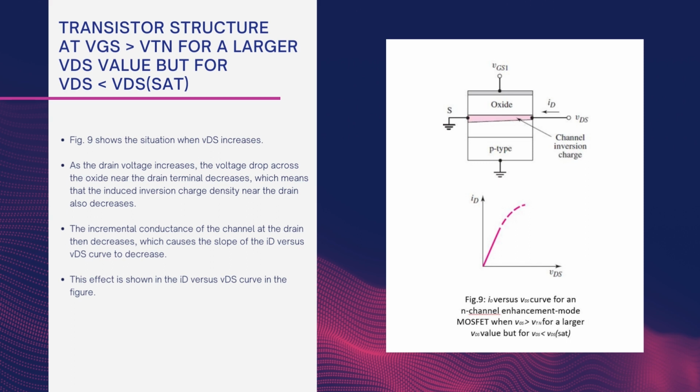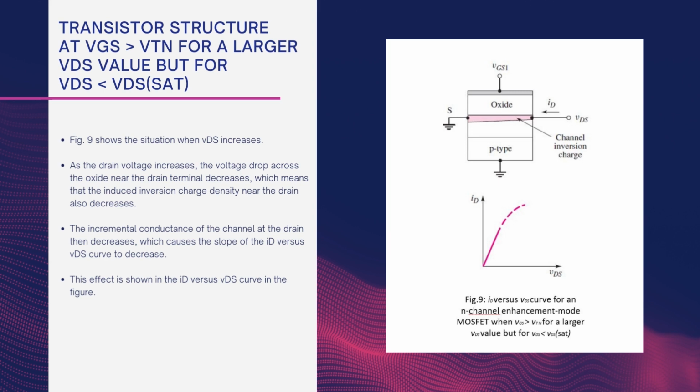Now, let us discuss the structure when VGS is greater than the threshold voltage and drain voltage is equal to the saturation value. As VDS increases to the point where the potential difference VGS minus VDS across the oxide at the drain terminal is equal to the threshold voltage, the induced inversion charge density at the drain terminal is 0.